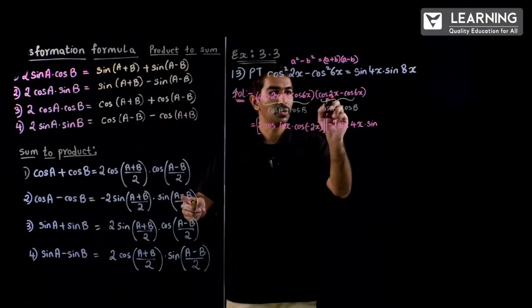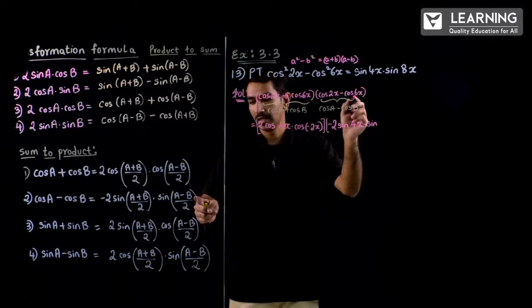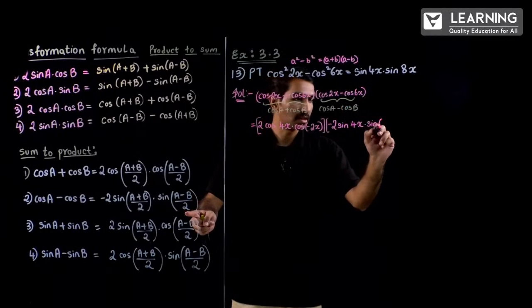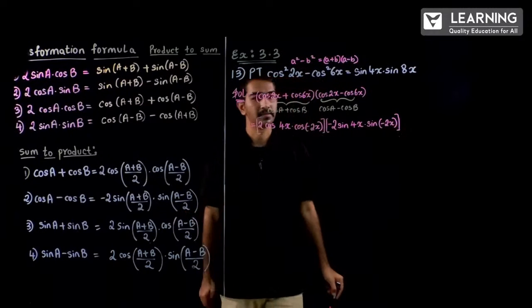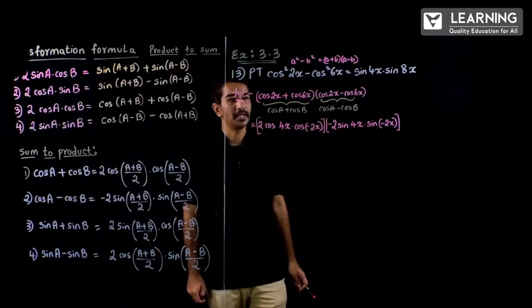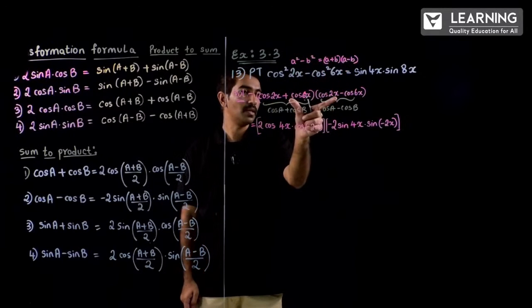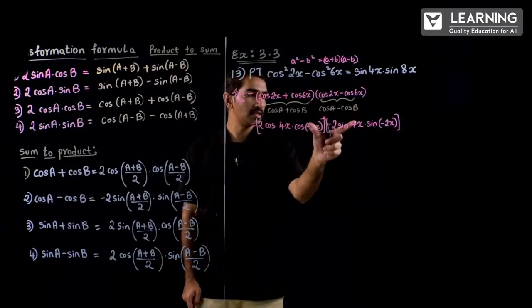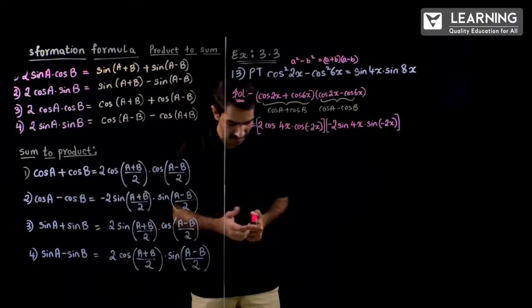A is 2x, minus b, 2x minus 6x, minus 4x. Minus 4x by 2, minus 2x. Close the bracket. Understanding how we are doing this? We use this formula. We got this one. Now again using these both formulas, we got this. Now simplifying this further, how will this get simplified further?